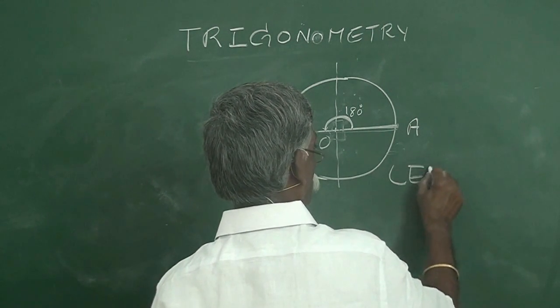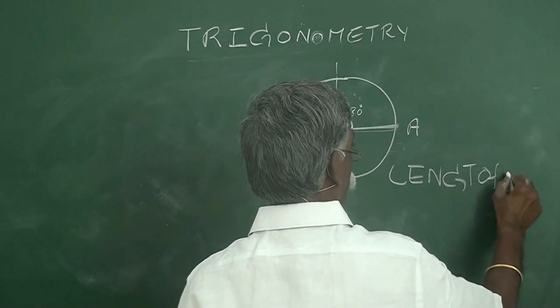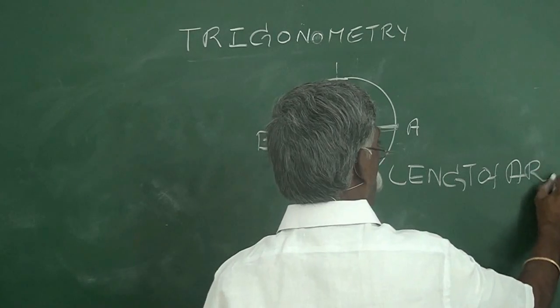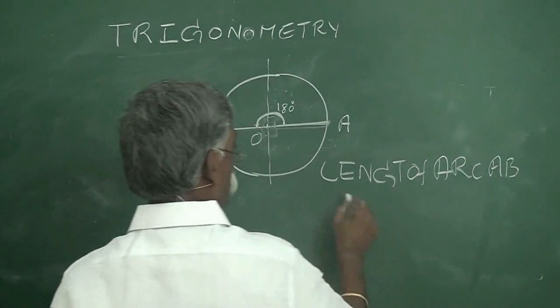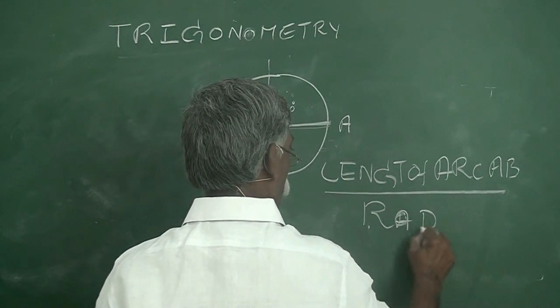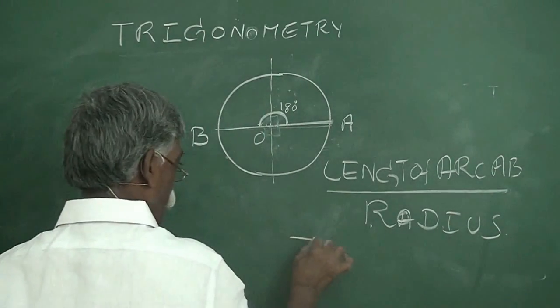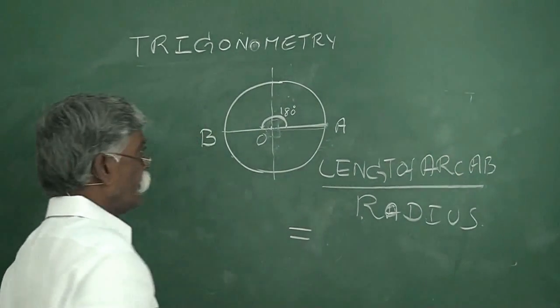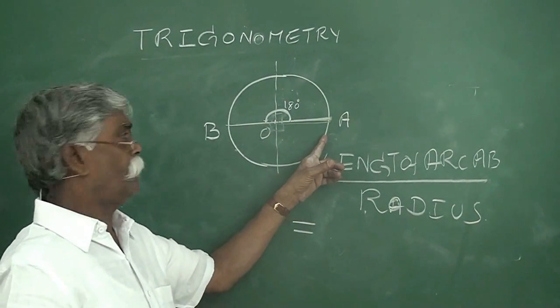Length of arc AB by radius is equal to the circumference of the circle, 2 pi r.